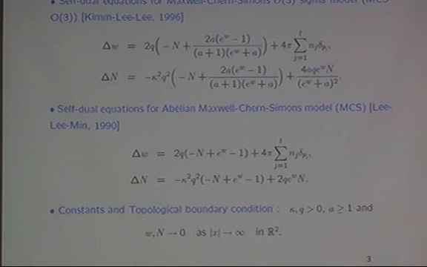Another is the non-topological condition, which makes this term 0, so omega goes to minus infinity at infinity, and n is equal to minus 1. Another one is the periodic condition on the flat torus. In this talk, I will talk about the topological boundary condition.